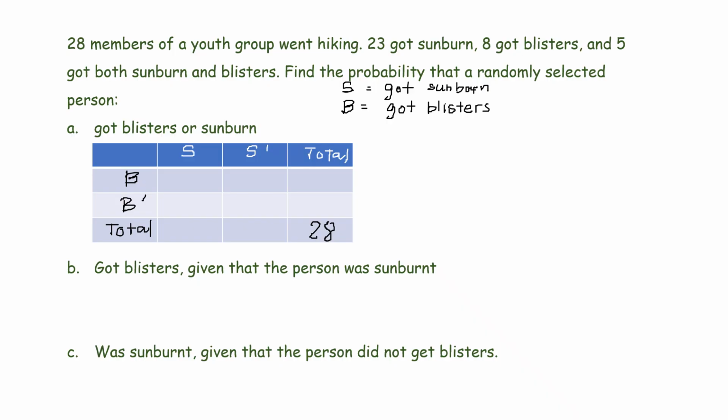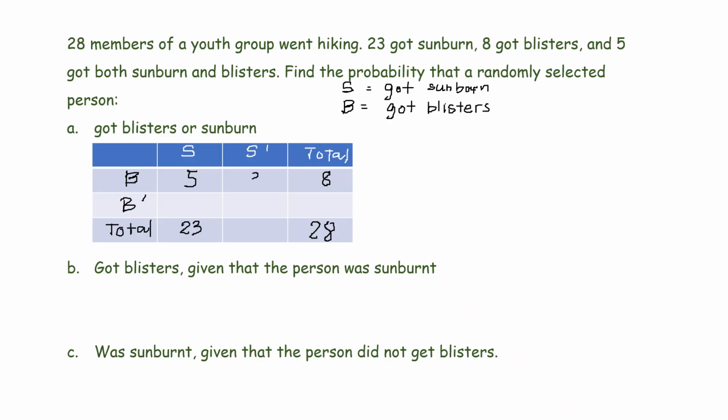So that's 23. And 8 got blisters. So the total number of people who got blisters, let's write it here. So that's going to be 8. And 5 got both sunburn and blisters. So let's write 5 here.